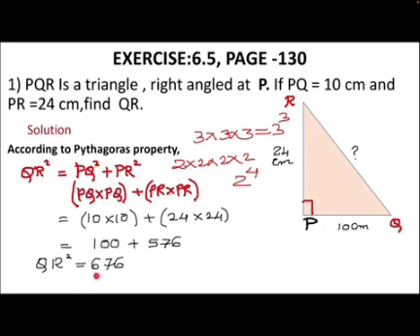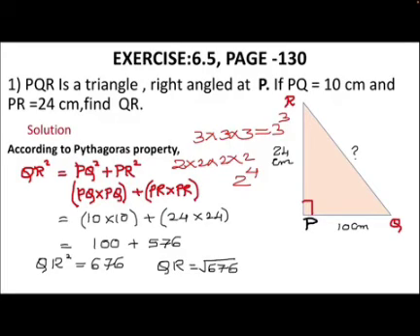Then how do I get QR? Simple. Just now we learned we have to find the square root of 676. Can you recall, children? What is the square root of 676? Try to recall. 25 squared is 625, so the square root is not 25.